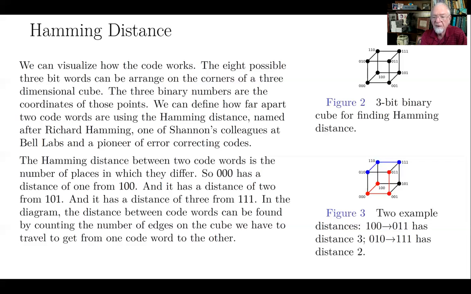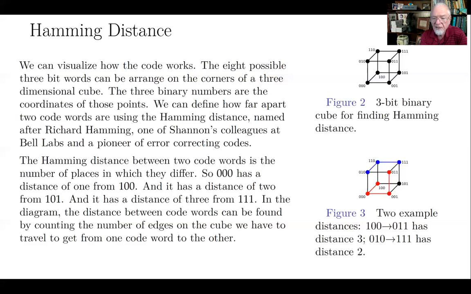diagnose and correct. Now, if there's 2-bit errors, you won't know, well, you know that there's been an error, but most of the time, the 2-bit errors would be 1 bit away from the 111, which is 3 away.